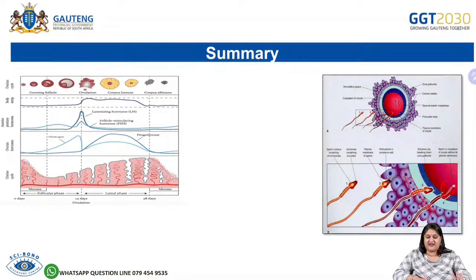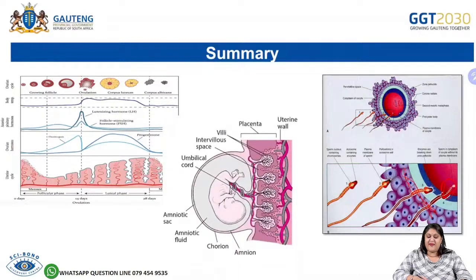You also needed to know all the different parts during gestation, the structure and the function of the amnion, the amniotic fluid, the amniotic cavity, the amniotic sac, the chorion, the chorionic villi, the placenta, and the umbilical cord. All of those things you need to know.